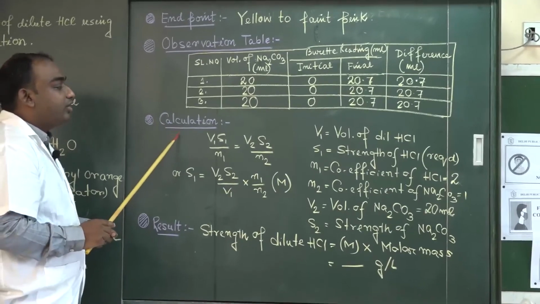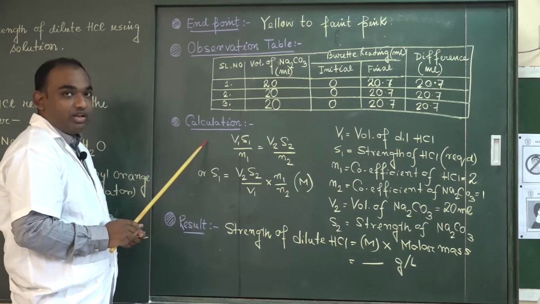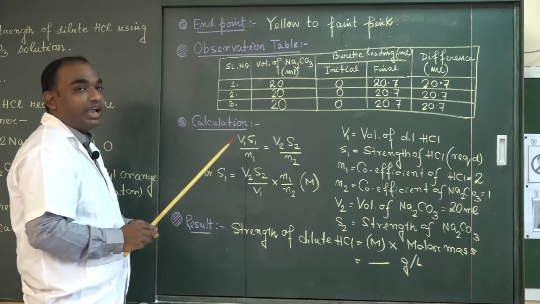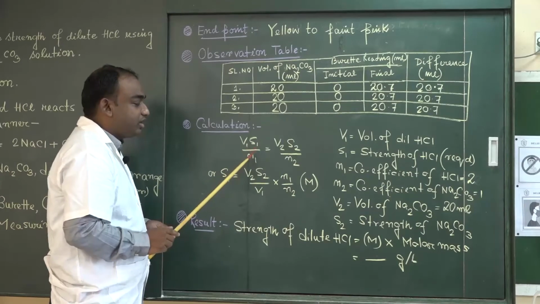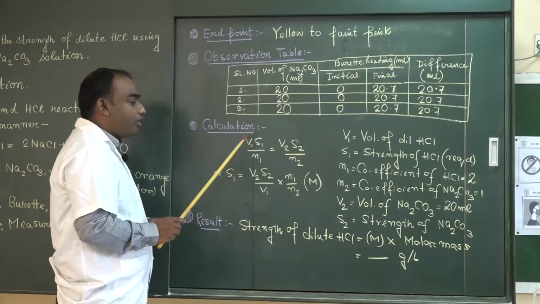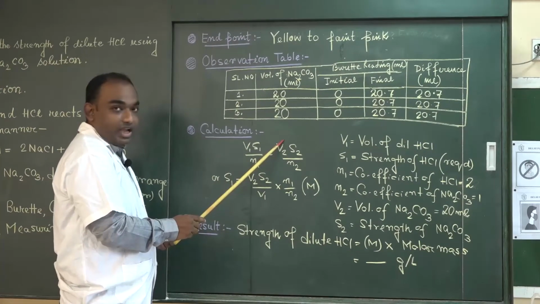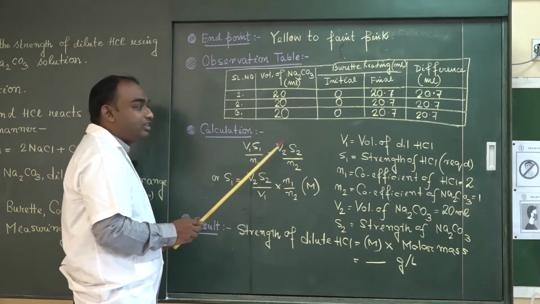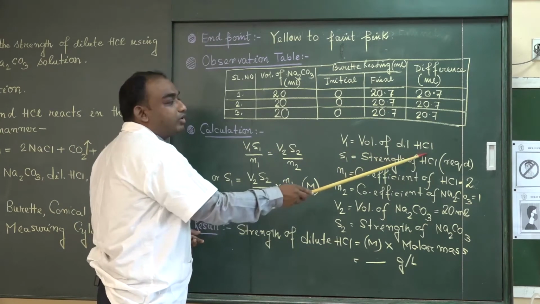Now students, we will come to the calculation part, where we need the strength of dilute hydrochloric acid. The formula will be V1S1 by N1 equals V2S2 by N2. Obviously these letters represent certain meanings. What is V1? V1 is the volume of dilute hydrochloric acid.